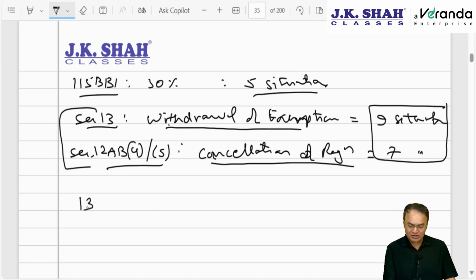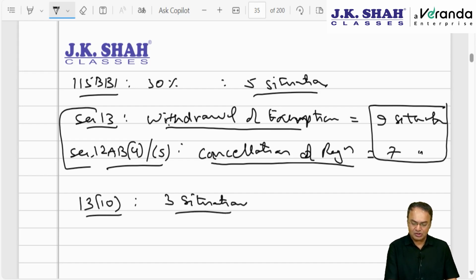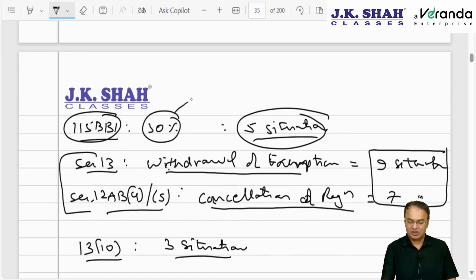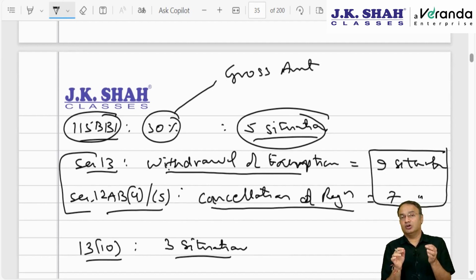We had also discussed 13 subsection 10, where there were 3 situations where income would be taxed. 3 situations. 115 BBI, 5 situations, 30% tax, 30% rate, but here gross amount would be taxed. Gross amount will be taxed, that means without any deduction for expenditure.